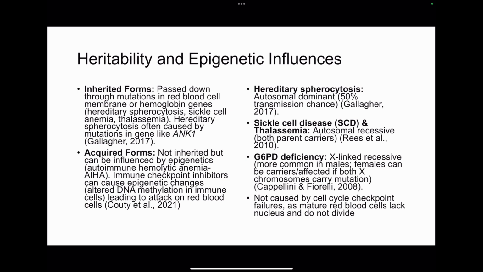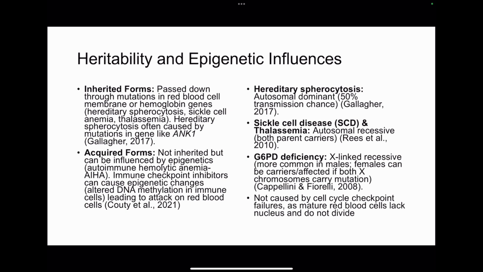Acquired forms like autoimmune hemolytic anemia, also known as AIHA, are not inherited but can be influenced by epigenetics. So, immune checkpoint inhibitors used in cancer therapy can cause epigenetic changes like altered DNA methylation in immune cells, leading to attacking the red blood cells.